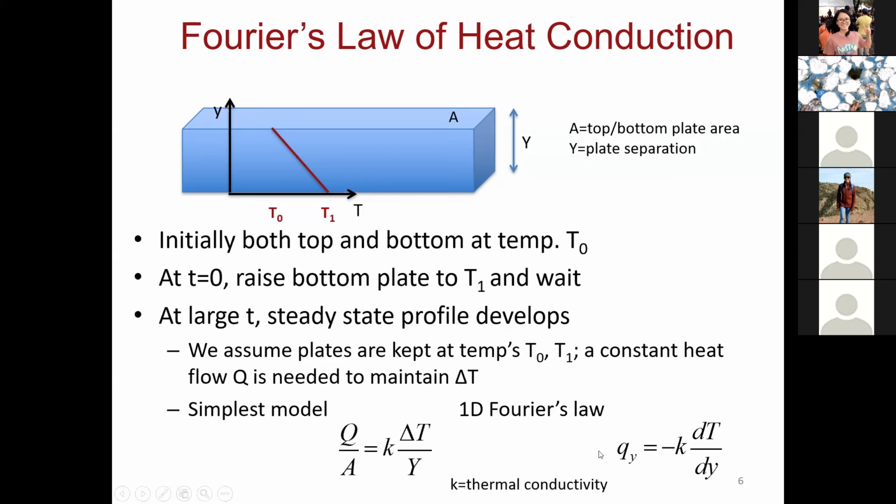And so basically q_y is then negative k times dT/dy, where this is a derivative. This is just now in one direction. So this is basically when I take the limit as the separation y goes to 0.